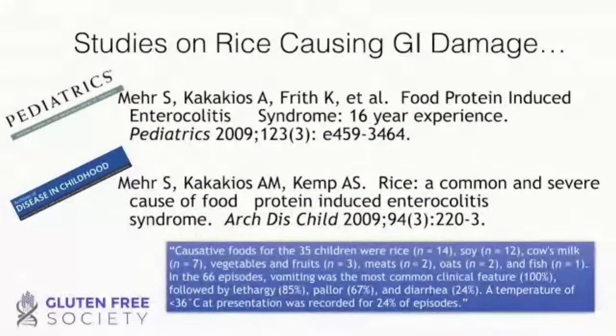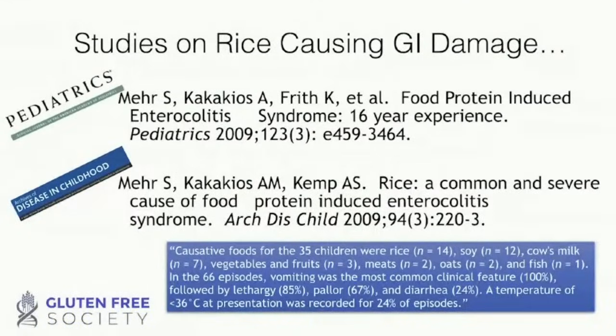Now, there are a few studies here I'm showing you on rice causing gastrointestinal damage. One out of the journal Pediatrics found that food protein-induced enterocolitis, which is also referred to as FPIES, F-P-I-E-S, is a condition where different food proteins can cause chronic inflammation in the GI tract.